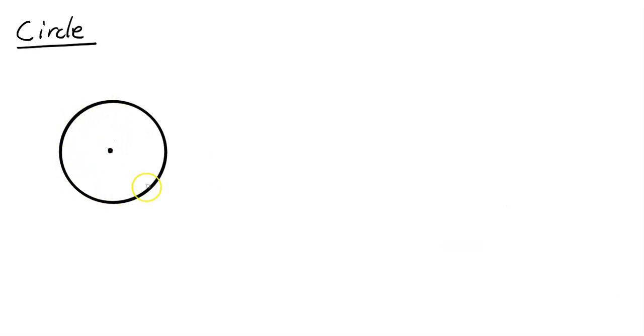All points on the circle have the same distance from this center point. The distance here is the same no matter where on the circle we are. So this is the center. This is called a radius. And here we of course have the circle.